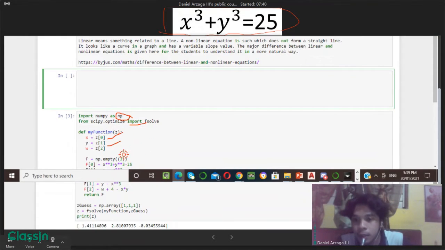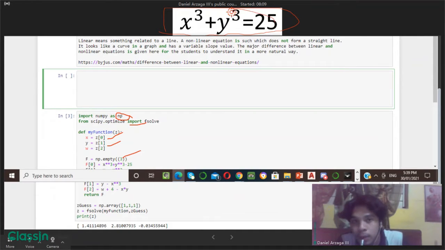Tapos after nyan is f equals np.empty open parenthesis 3 close parenthesis. Tapos, after nyon is f bracket 0 equals x raised to 3 plus y raised to 3 tapos minus 25.